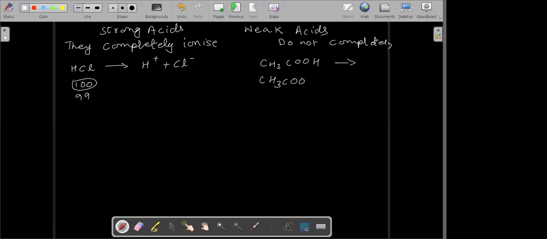Now, what would happen if you have, suppose, 100 molecules of CH3COOH? Maybe 70 or 80 molecules disintegrate to give H plus. So this will be considered a weak acid. Understood the difference between a strong acid and a weak acid?